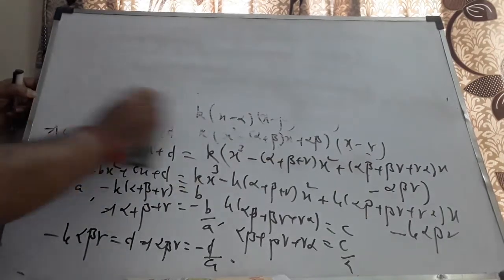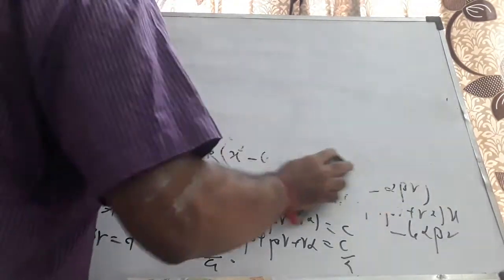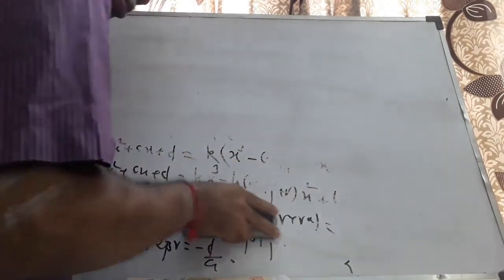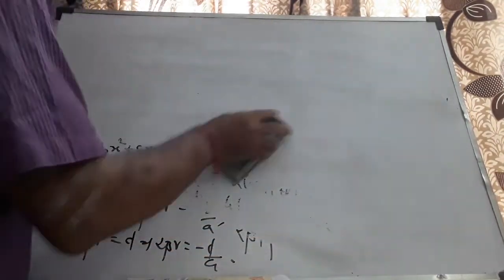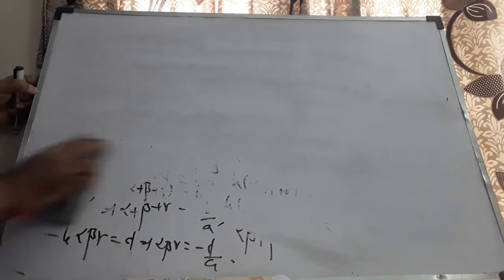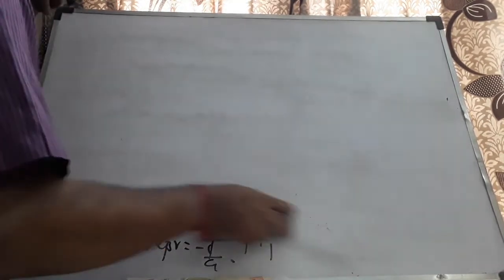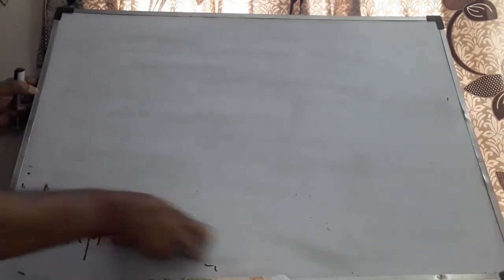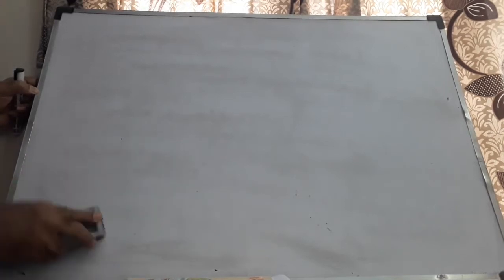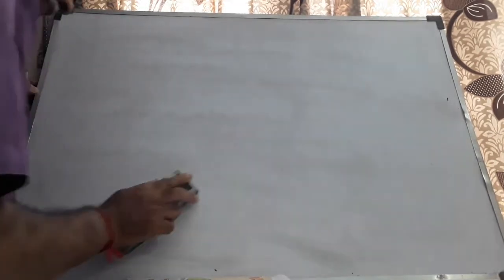Therefore, if ax cube plus bx square plus cx plus d, the general cubic polynomial, is given, then the sum of the zeros is equal to minus b by a. Then the sum of product of zeros taking 2 at a time will be c by a, and the product of zeros will be minus d by a. This is the result you are supposed to think about.